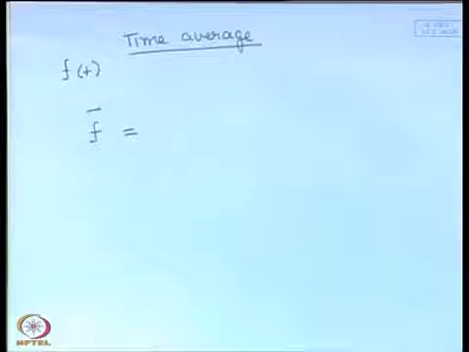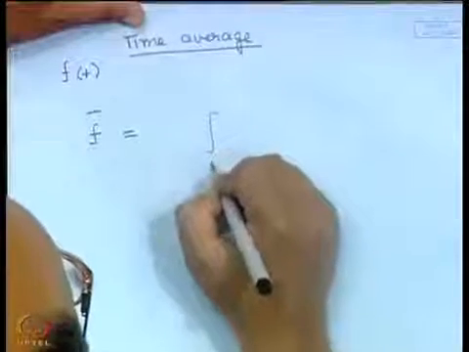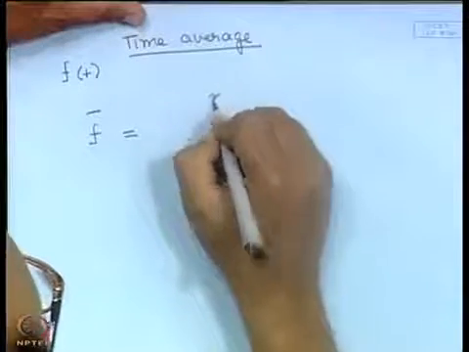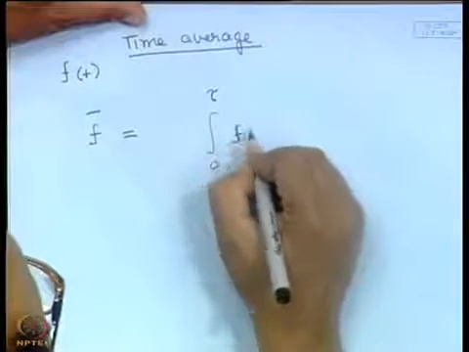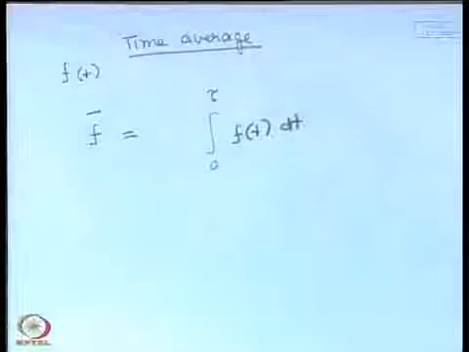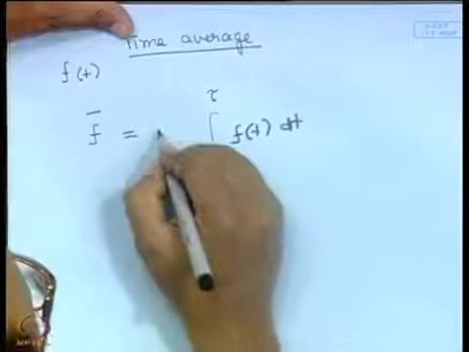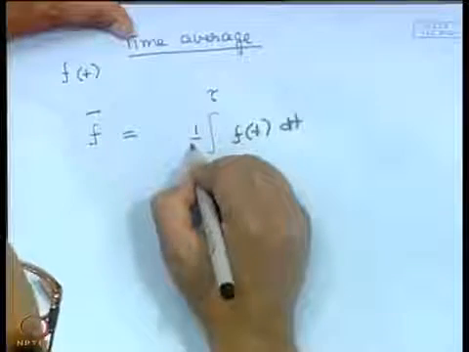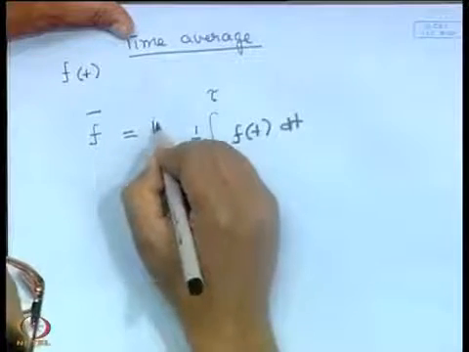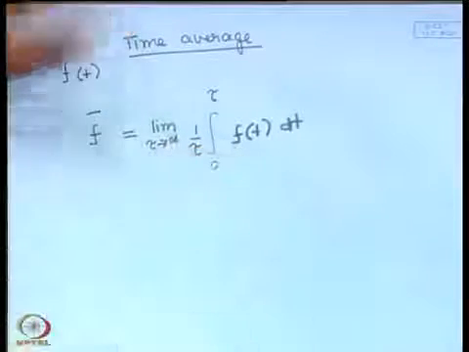You average this over some time interval tau. So, you average f over the time interval tau. So, 0 to tau f(t) dt, you do this integral and then you divide by tau, and we are interested in the limit where tau goes to infinity, right, very large.